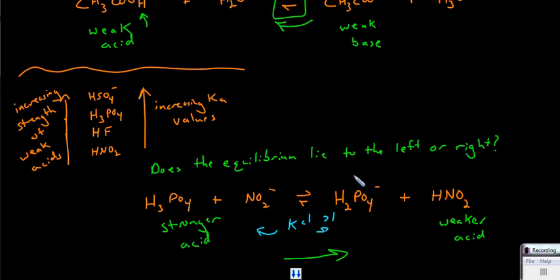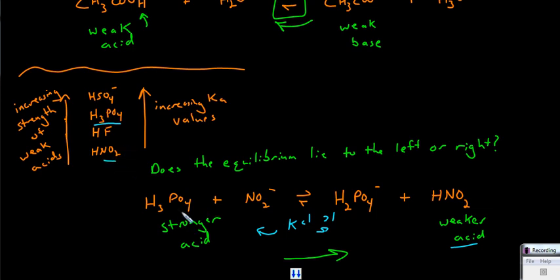You can describe this and answer the question by comparing the acidity of your acids or by comparing the acidity of your bases. Here we have phosphoric acid, which is a fairly strong weak acid. Nitrous acid is a weaker acid than phosphoric acid.